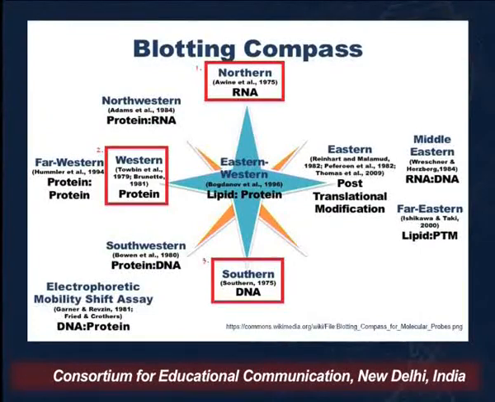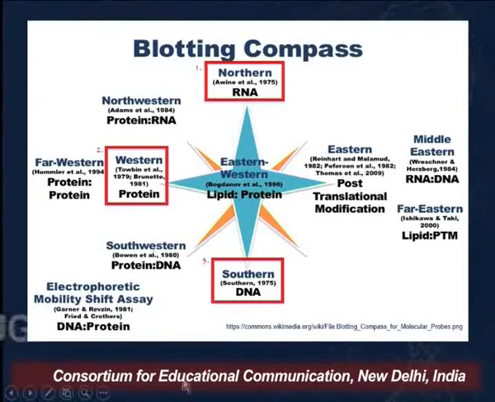We talked about this blotting compass in our last session when we discussed the southern and northern blotting. As we can see, southern blotting is concerned with DNA, northern blotting is for RNA, and for protein detection, identification, as well as other manipulative purposes, western blotting is done.